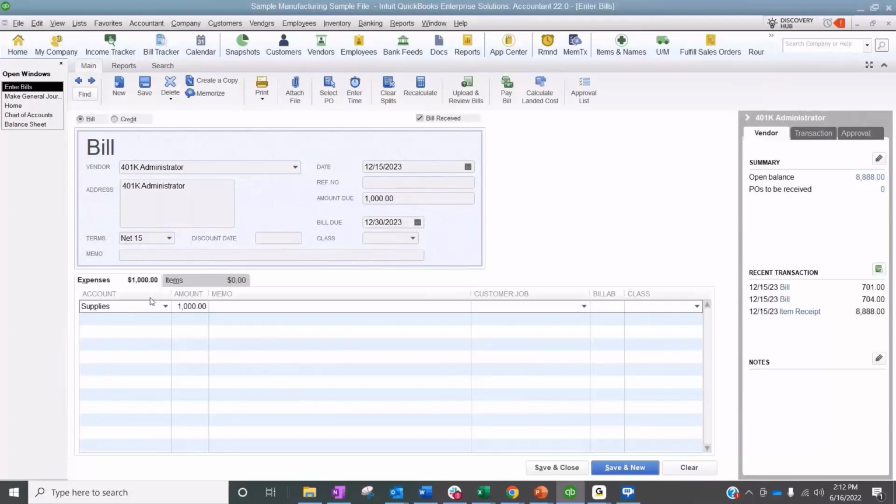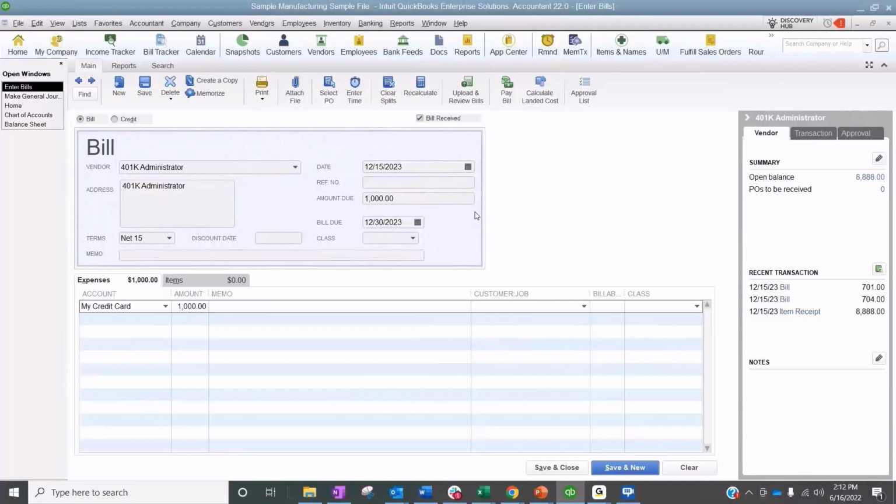Now, there are cases where maybe we don't debit an expense. Maybe we are debiting something like a credit card, because I'm putting in a bill for my credit card. Both of these are liabilities.